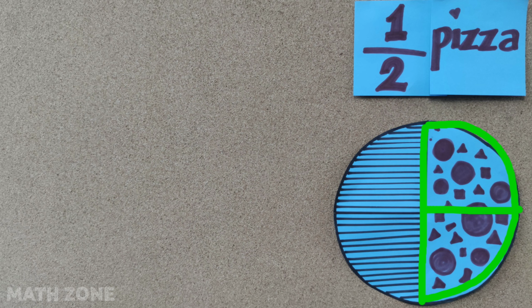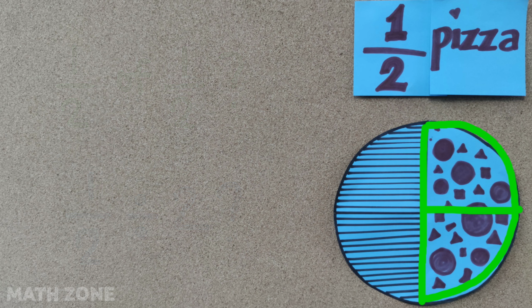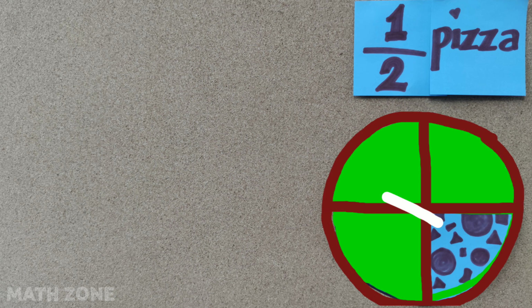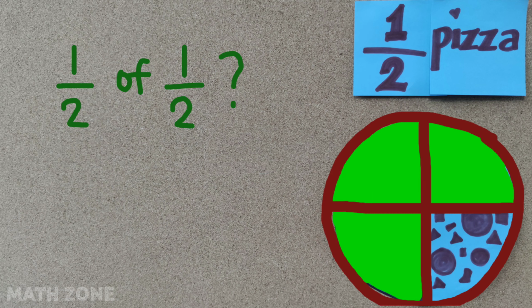The question would be, what is 1/2 of 1/2? Or, what is 1/2 divided by 2? We know that one slice of the pizza is now 1/4 of the whole pizza, which is the answer to our equation for 1/2 of 1/2, or 1/2 divided by 2.